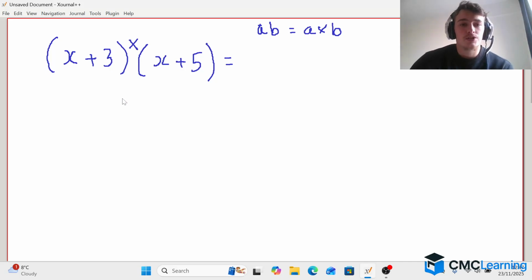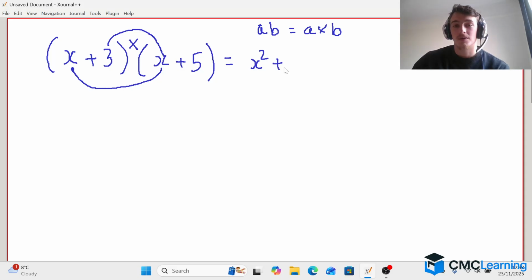The way we'd usually do this is we would take the first element in this one and multiply it by the first element here. So we'd get x times x, and we'd get x squared. Then we take the 3 and multiply it by the x here, and we get 3x, and we add that 3x. Then we'll do this x times this 5, which is 5x.